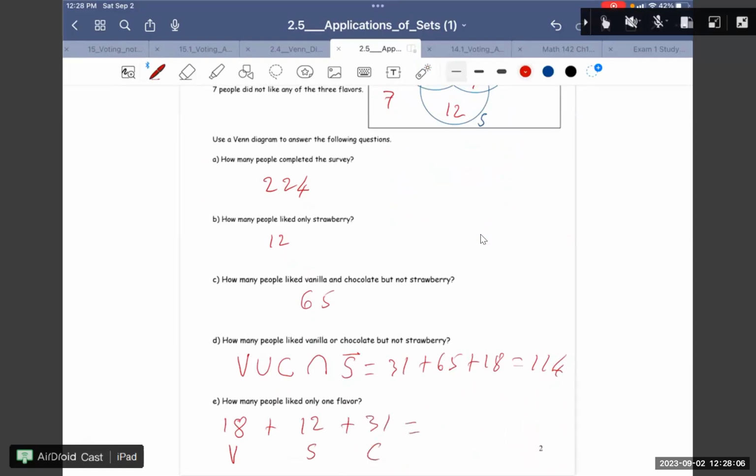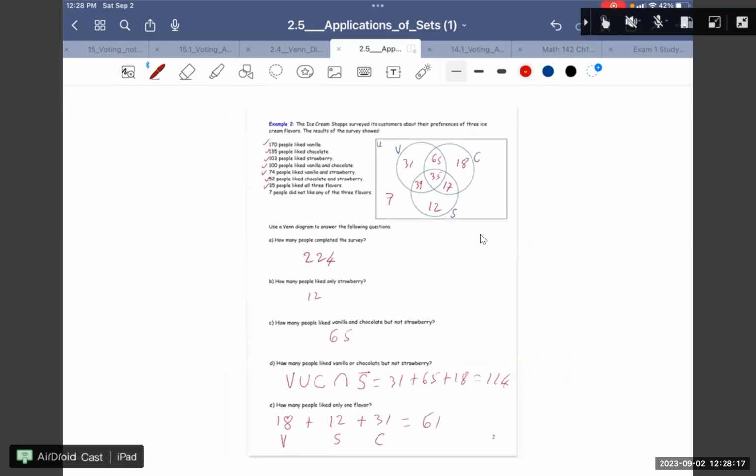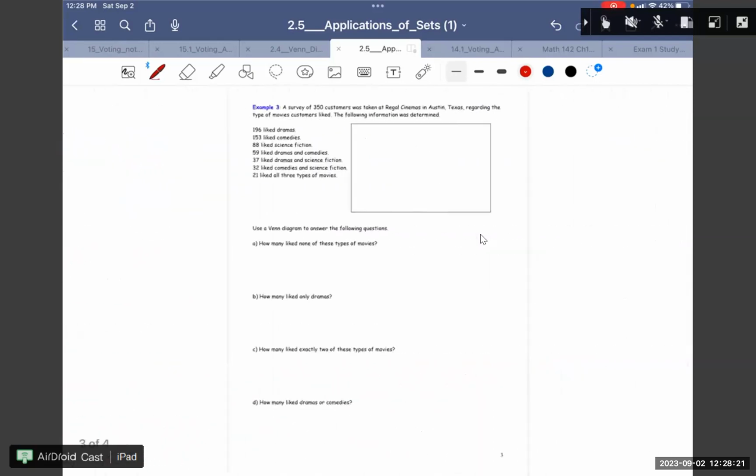So the total of people is 61. We can add it up. So that should be 61. They like one flavor. Okay. So this one is number 3.